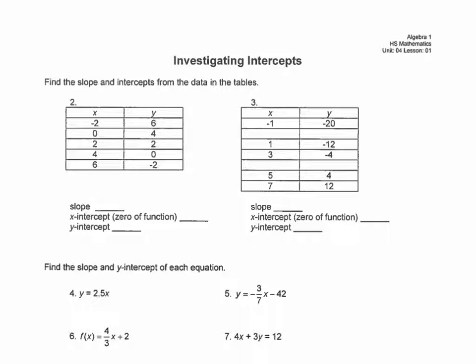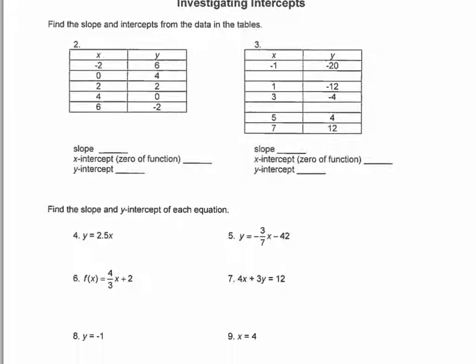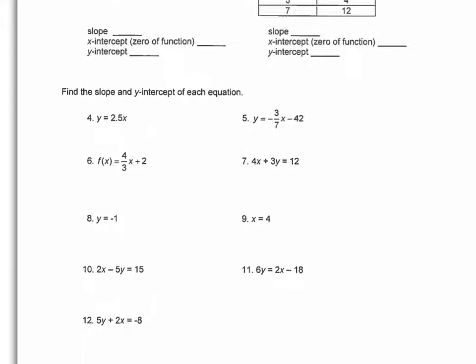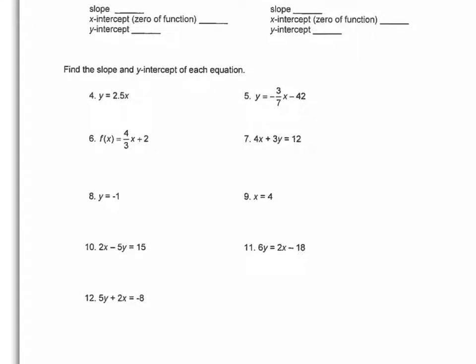Fill in these tables, identify your slope from the table, and figure out your x- and y-intercept. Numbers 4, 5, and 6 are already in slope-intercept form, y equals mx plus b, so just identify slope and y-intercept, your m and your b.